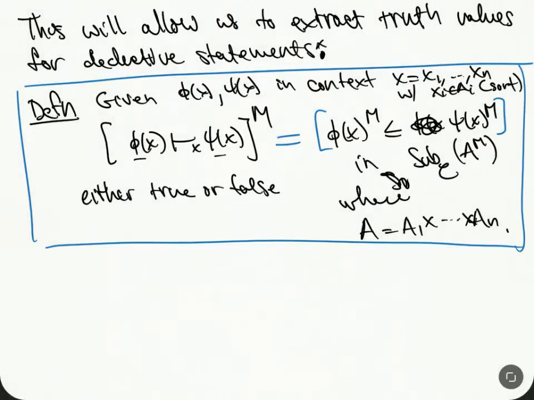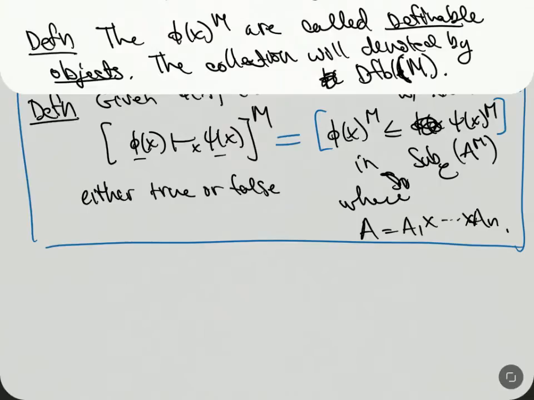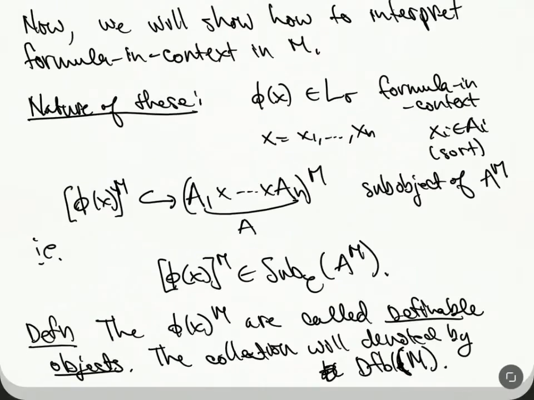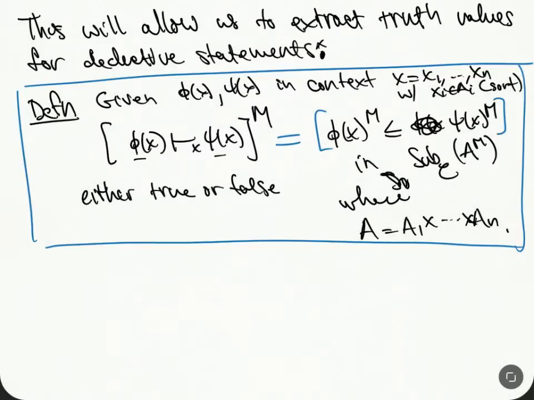We'll see. Okay, so this is the punchline. So what am I doing? I said, what's the nature of these definable objects? They're sub-objects of this thing, and so on. Why do we care? We care because it allows us to do this ordering on these sub-objects. Okay, if we're given formula in this context, we can see whether one implies the other by looking at the order in this Heyting algebra.